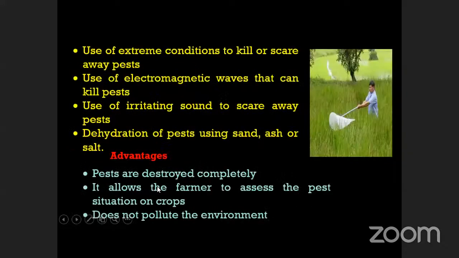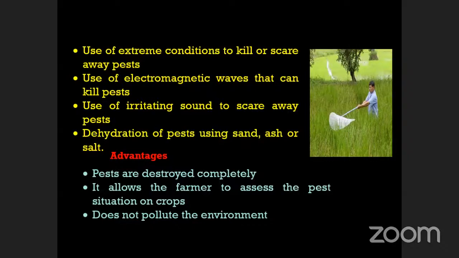And then another physical way of controlling pests, use of extreme conditions to kill or scare away pests. Increase the temperatures. If it is inside the store, for example, if you have fish, you preserve it inside the freezer, whereby pests cannot attack them, cannot attack the feed which you have put inside there.